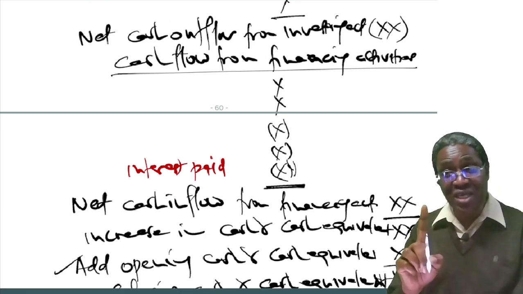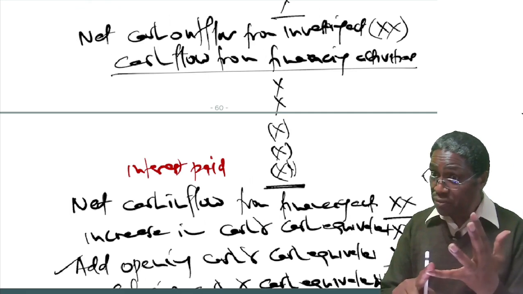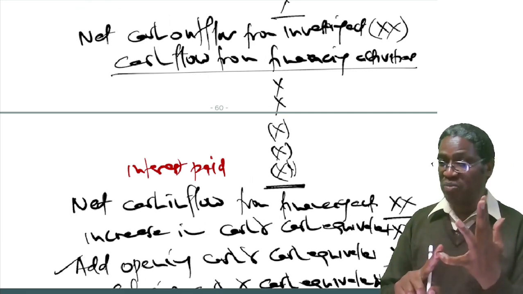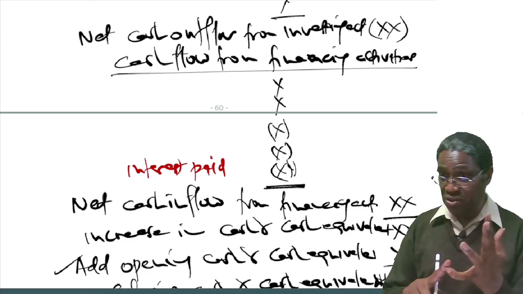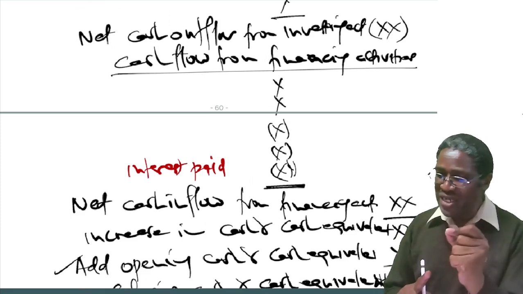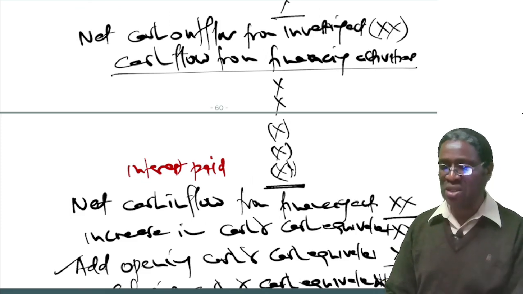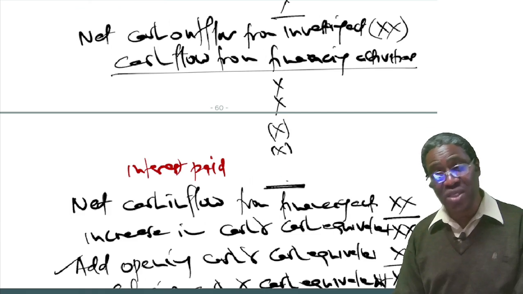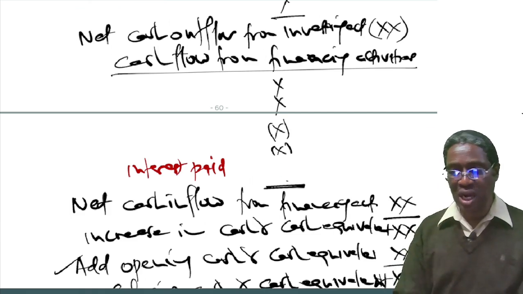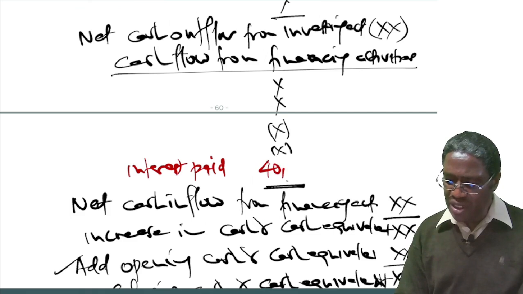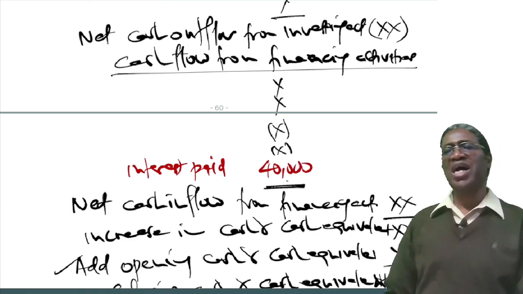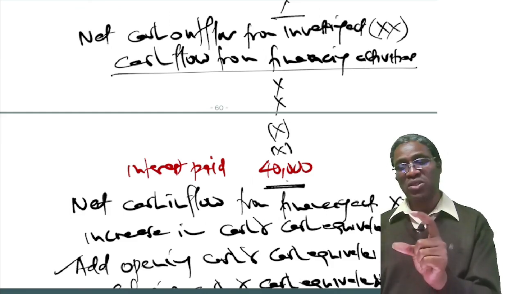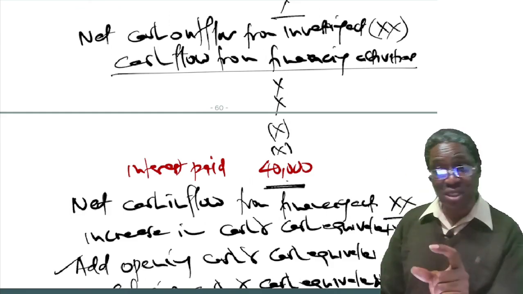It's a financing activity. Don't forget, you borrowed from debenture holders. You borrowed to finance your business from the debenture holders. Then when you pay interest to the financiers, we normally say any returns you are paying to the financiers is a financing activity. So that 40 we paid, you will take to the cash flow as a financing activity.